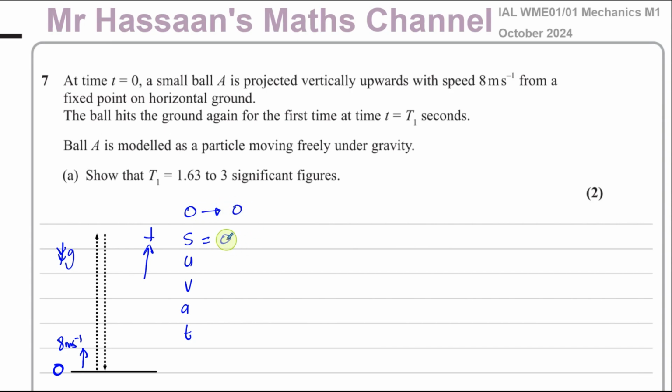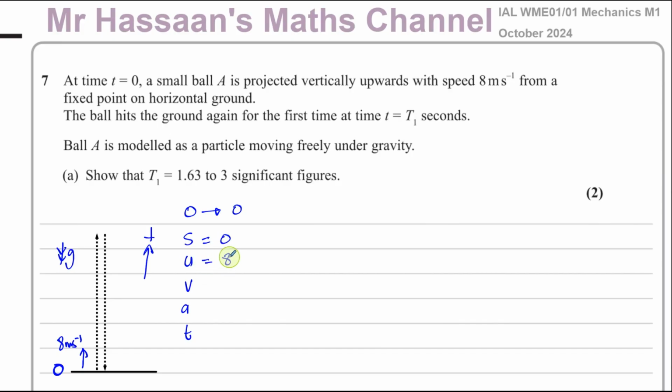The displacement s does not stand for the distance that is covered. s is the displacement, meaning how far out of place it is from its initial position, which we've taken as O. We want to see how long it took to go up and then back down to O again, so our displacement is going to be 0.